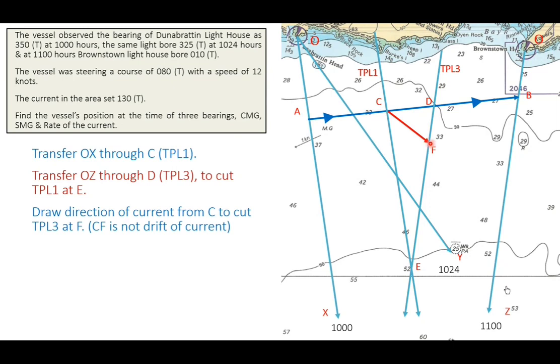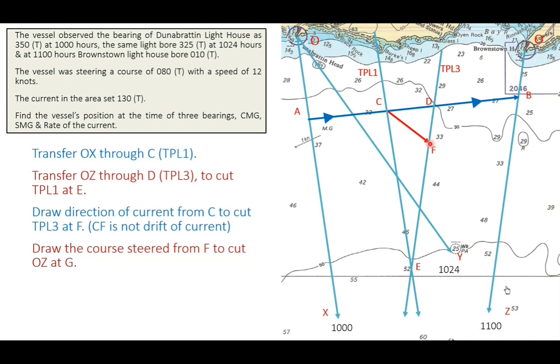Its length is unknown as of now, but it is required in our plot. Be clear in the mind that this CF line does not represent the drift of the current.